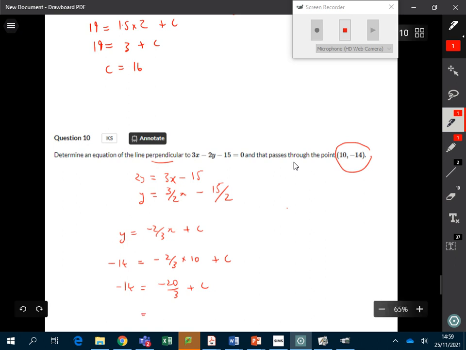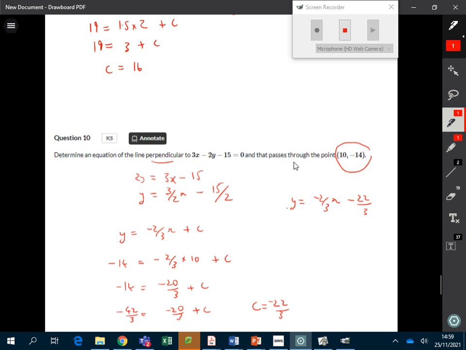If I write that as a fraction of 3, minus 42 over 3 equals minus 20 over 3 plus c. And then hopefully you can see that c must be minus 22 over 3. So the equation is y equals minus 2/3 x minus 22 over 3.